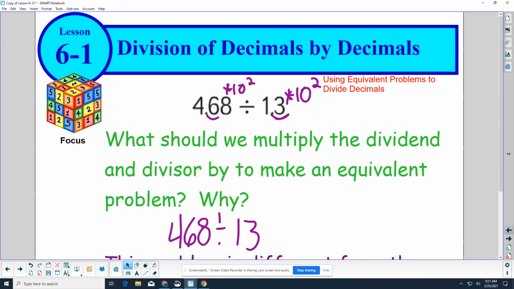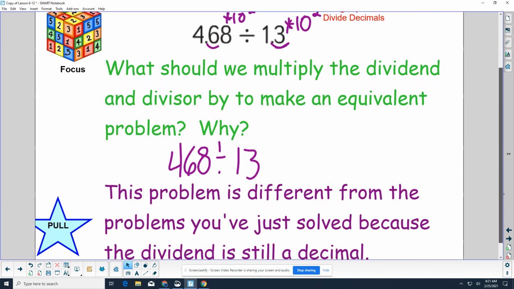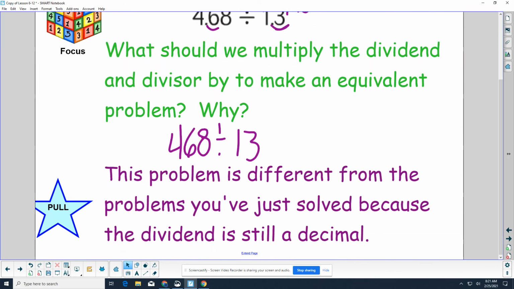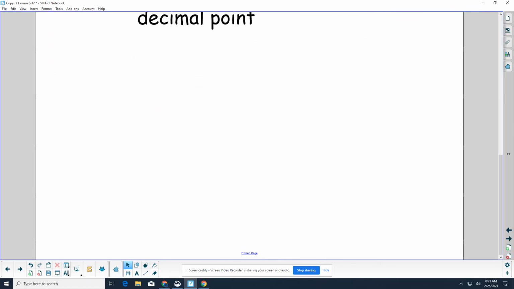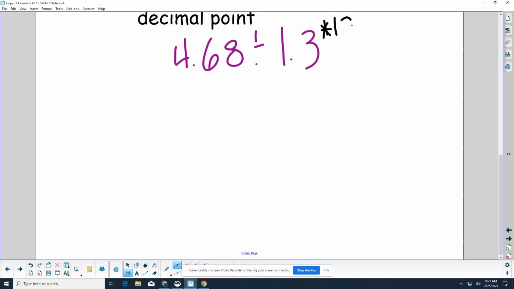So I could also go back up here, and we could do that a little bit differently. So let's look here. I could take the same problem and rewrite it, and I know that I want to multiply this by 10 to make my divisor 13.